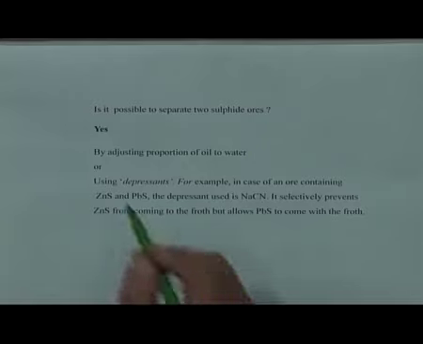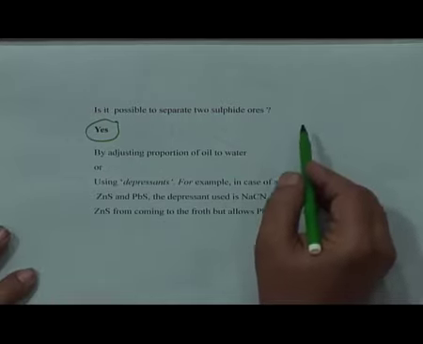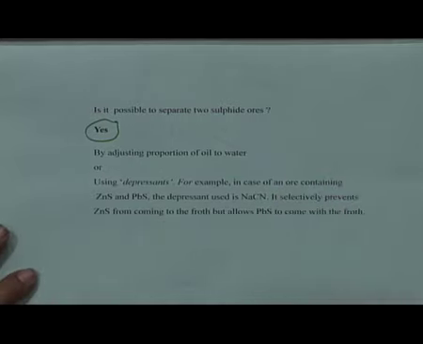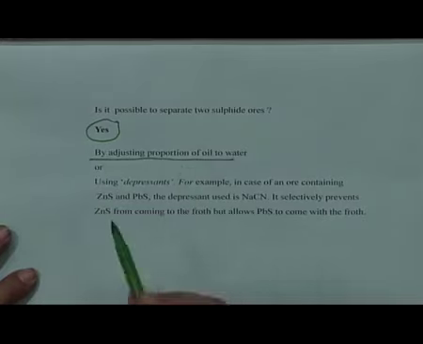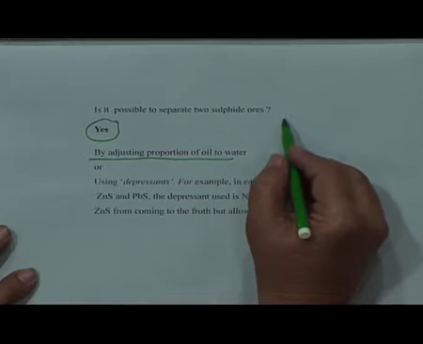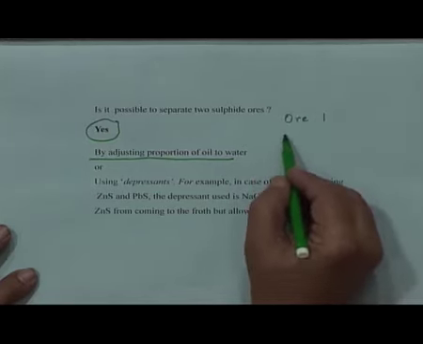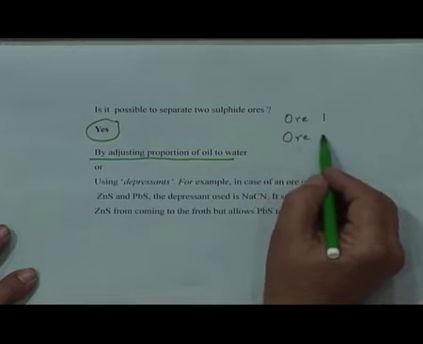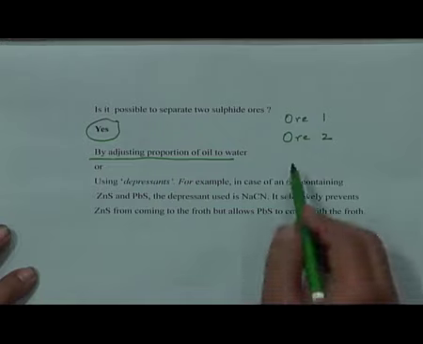The answer is yes. How? Not always, but many times it is possible to concentrate two sulphide ores simultaneously or sequentially. The fact which is utilized is that one ore has more solubility in oil: ore 1 has a greater solubility in oil than ore 2.